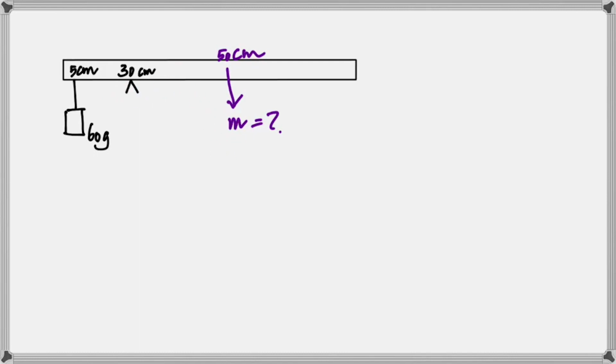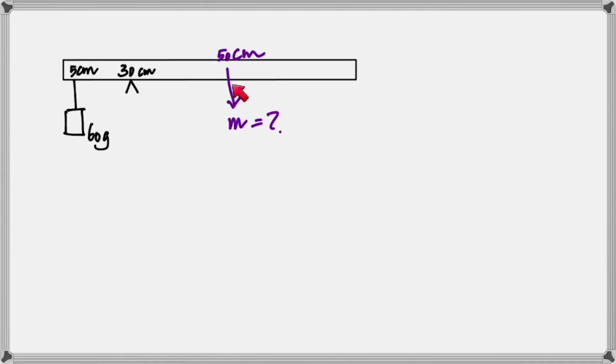Quite simple. The condition for equilibrium, there are 2, but we only need the second one, which is the net torque must be 0. So this mass is trying to turn it clockwise, and this 60 grams trying to turn it counterclockwise. And the torques must be equal. How do you calculate the torque?